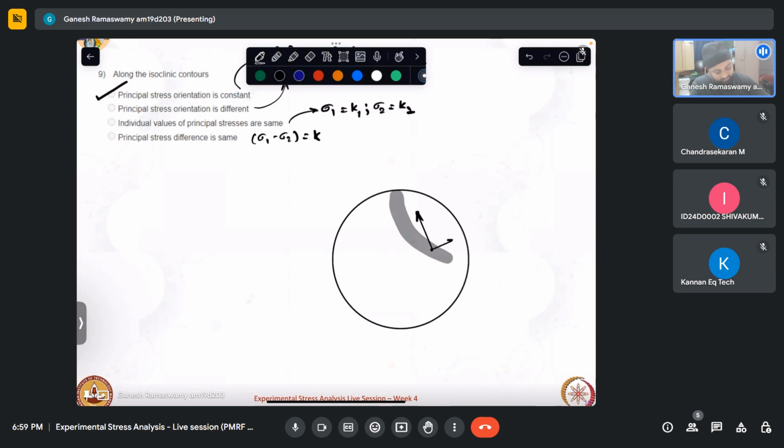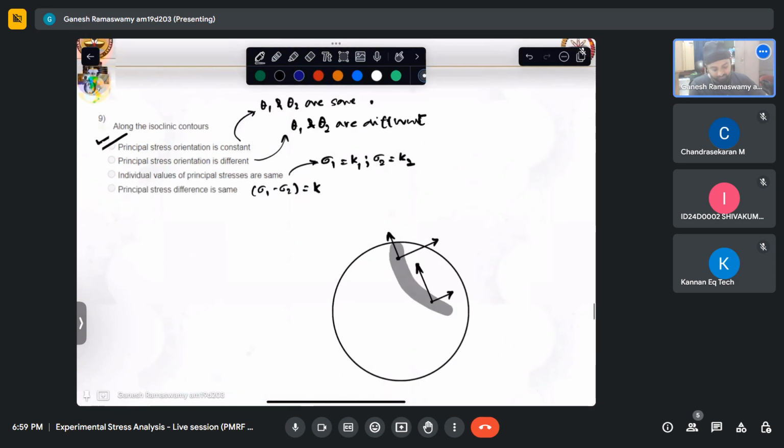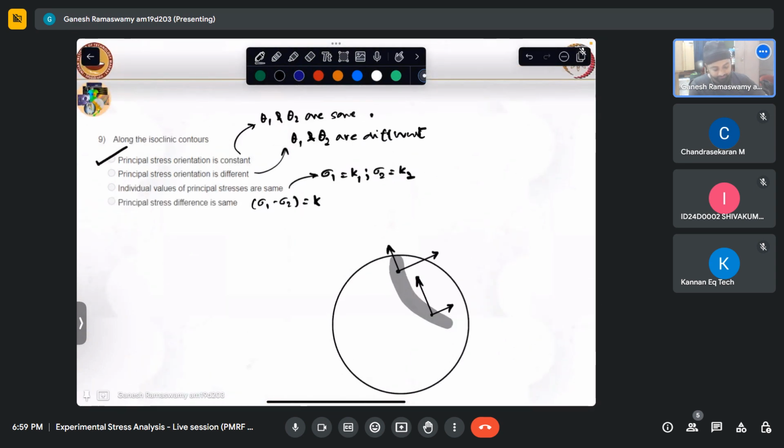Then there will be some other point where this will be fast, this will be slow. The only common thing is that both are oriented in the same direction. So the principal stress orientation is the same. The difference might not be the same. I hope that is clear. So this is an isoclinic fringe.